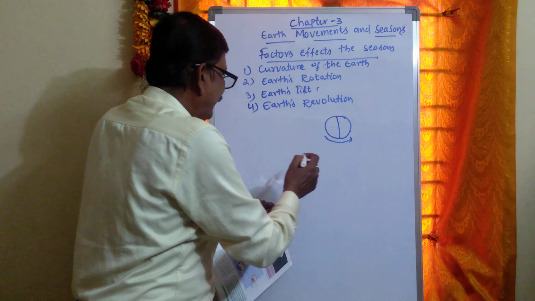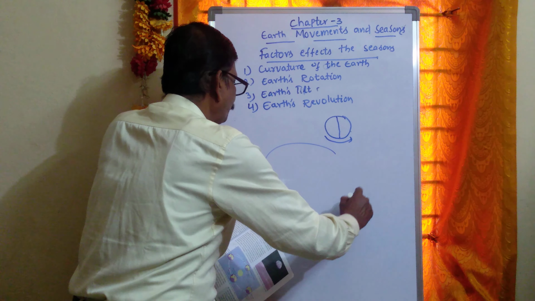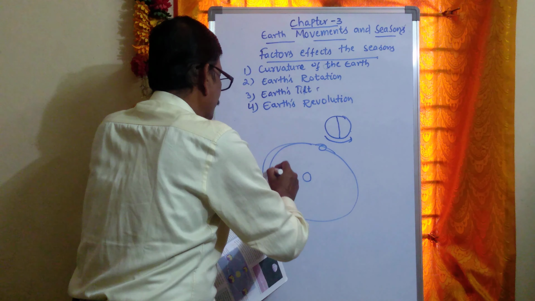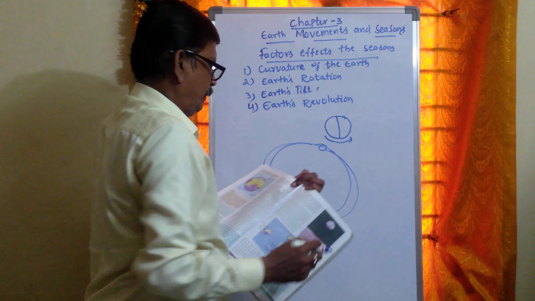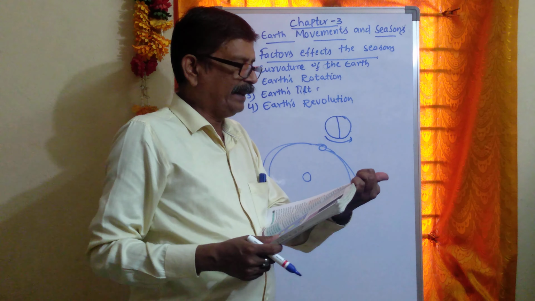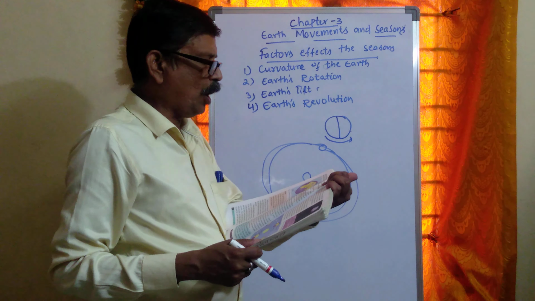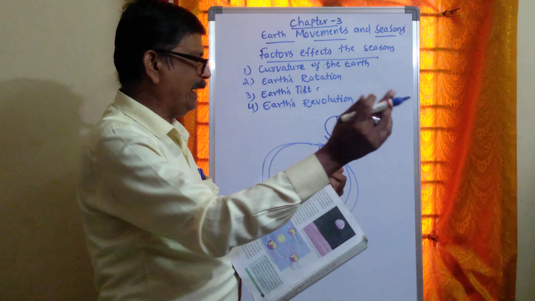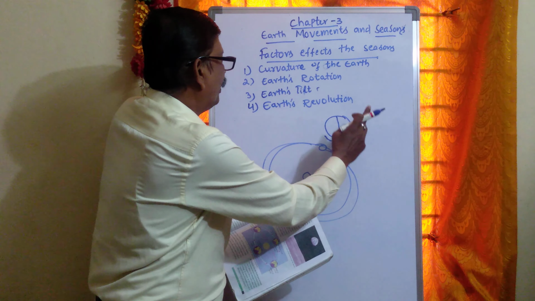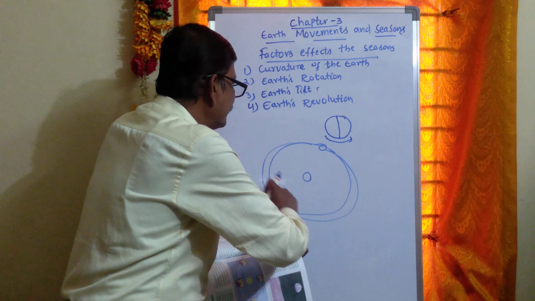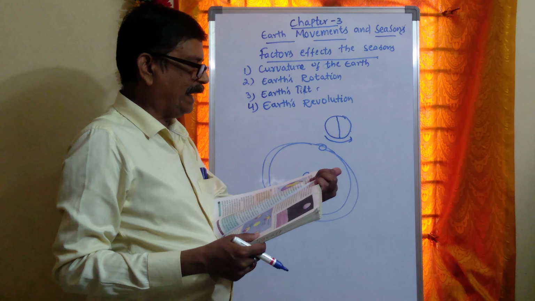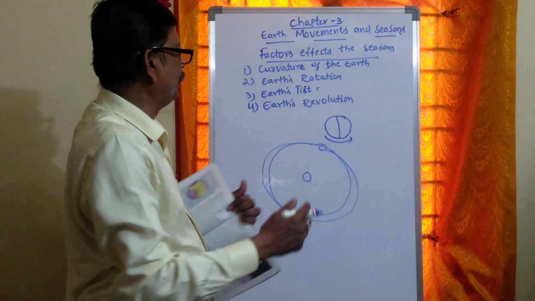While rotating like that, here is the sun, and the earth moves around it. It spins like a top, and at the same time keeps moving forward around the sun. So it is making a rotation as well as a revolution. The motion of the earth around the sun is called a revolution.